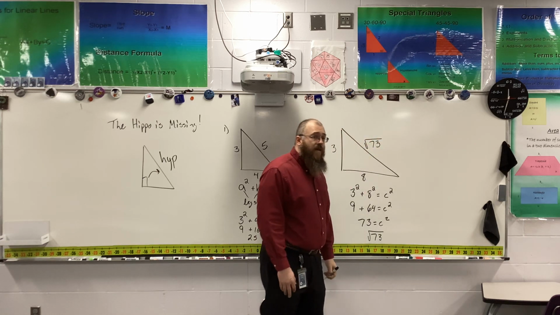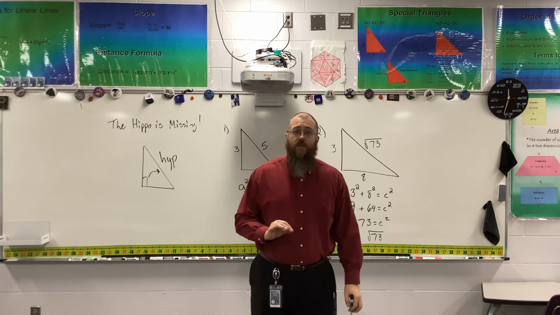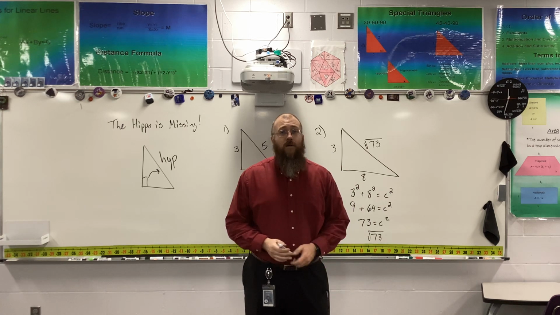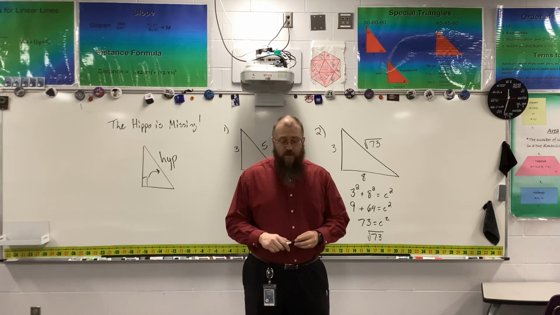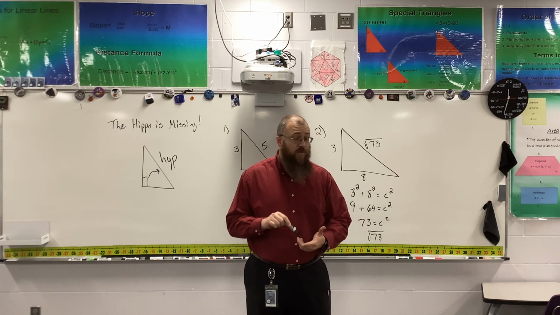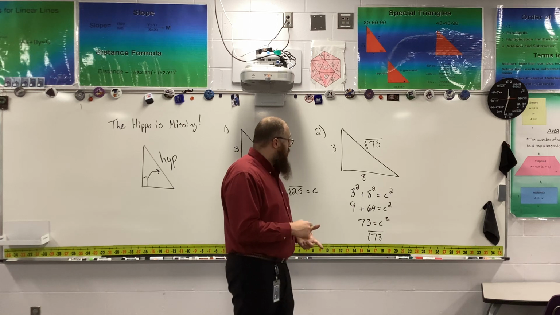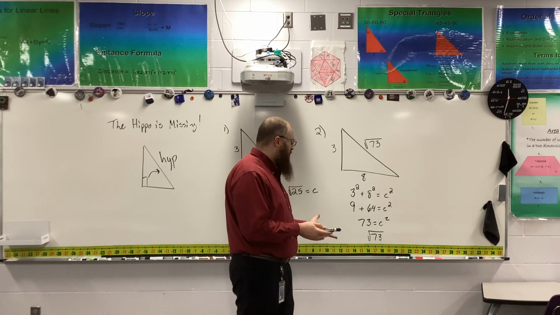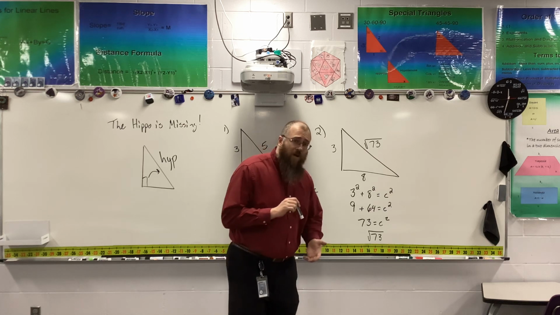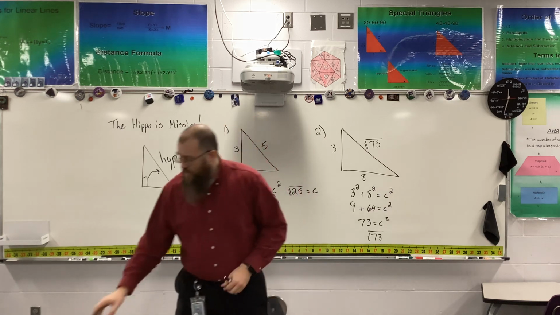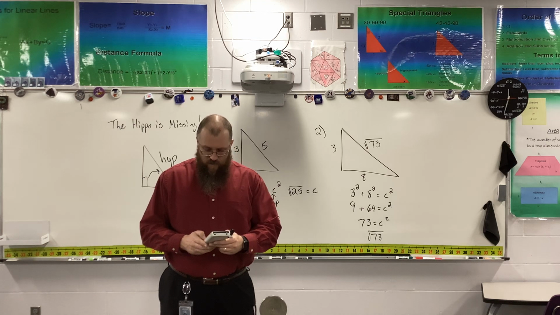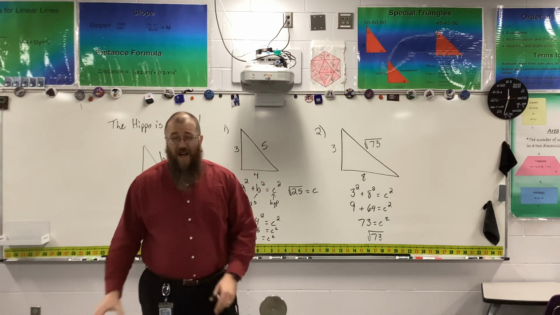Now when you're doing these on IXL, you need to be very careful to listen to IXL's requirements on each of the problems. So read the directions thoroughly. They may ask some of these to be rounded to the nearest whole number, which in this case would probably be 8. Or they may ask to be rounded to the nearest decimal, which in this case, the square root of 73 is 8.5.